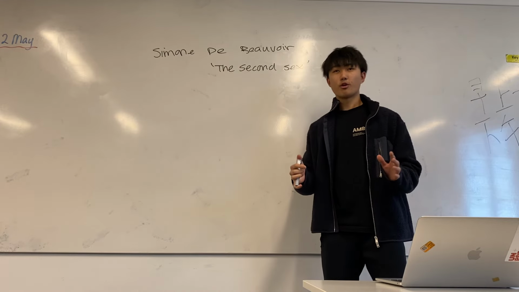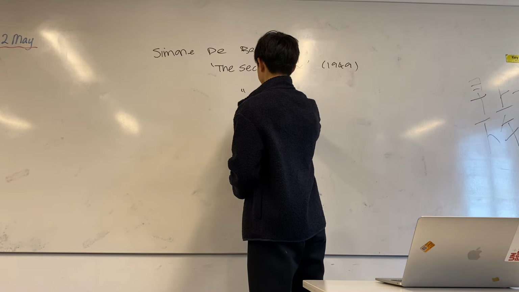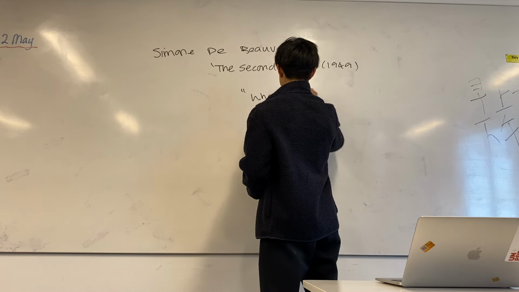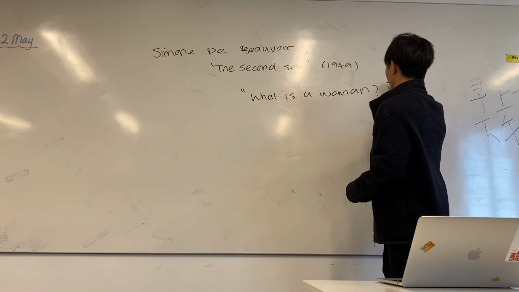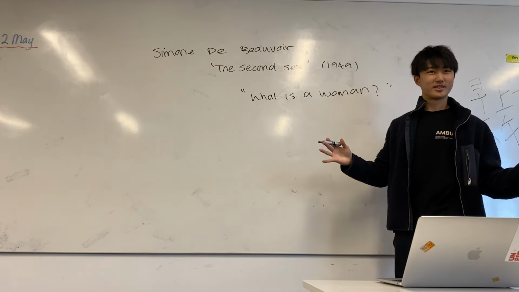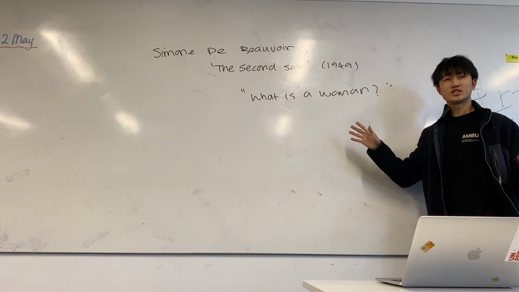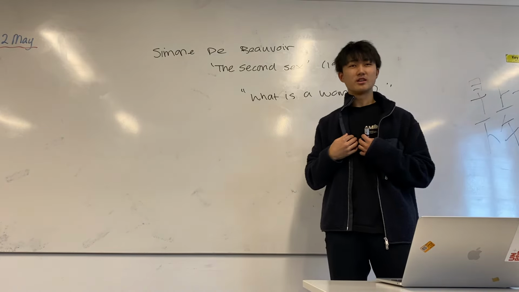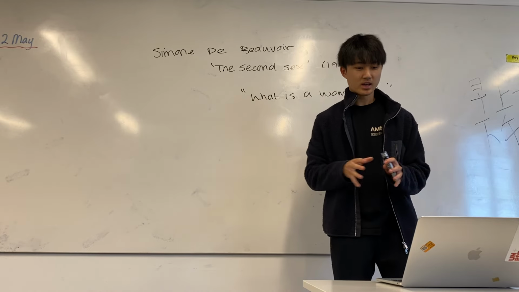Now, Beauvoir poses a very interesting question: what is a woman? She tells us that a woman is not defined by her biology, though she does accept that there are differences between the sexes.